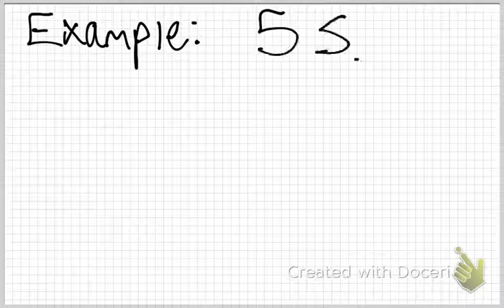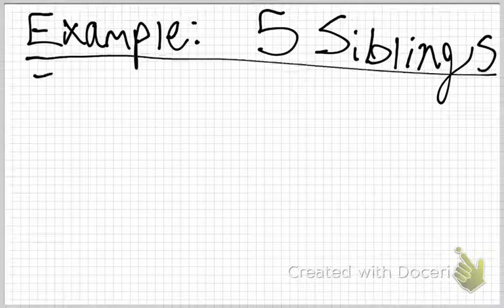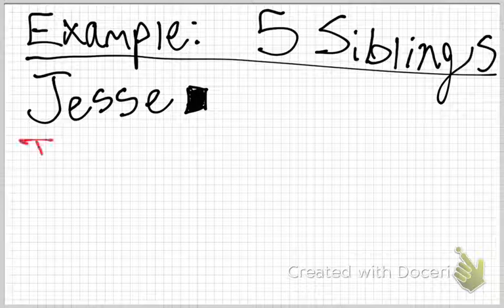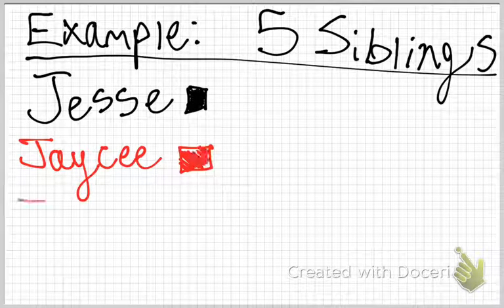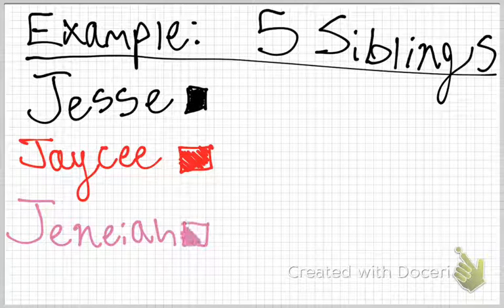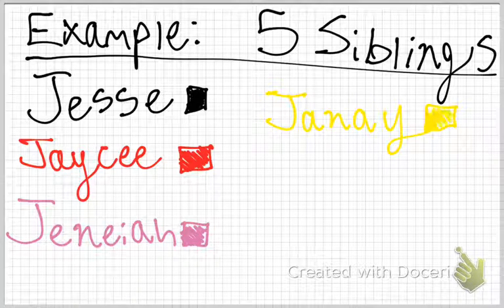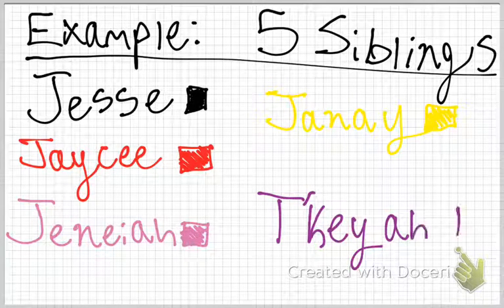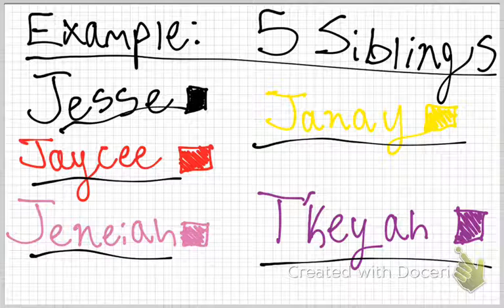An example, this is the specific example that I was talking about. 5 siblings: Jesse, JC, Jania, Janae, and Takia. You thought it was going to be another J name. Nope. I don't know why our parents decided to give her the only name that didn't start with a T. She's actually the oldest, so maybe I don't know.